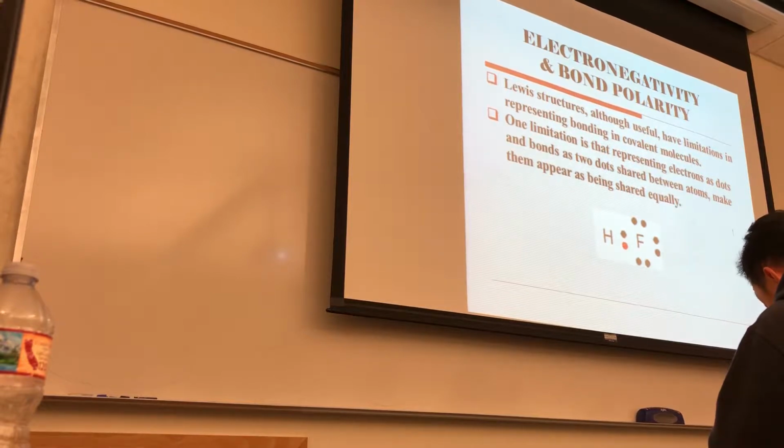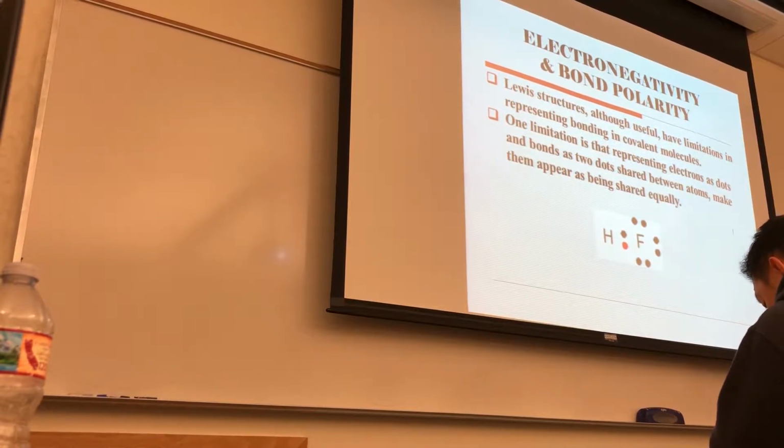That charge difference is bond polarity. The closer to where they're shared, the less difference in charge from one side to the other, and the lower the bond polarity. In fact, it's usually called non-polar covalent if they're completely or equally shared.